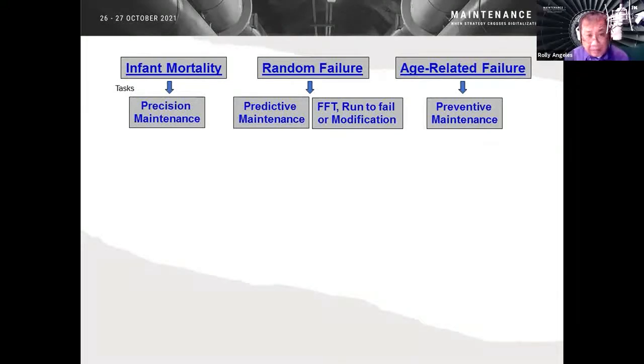Now, if the failure is random, we can either use instruments, condition-based or predictive tasks, or if you have a protective device that can fail randomly, we can apply a failure finding task. Or if the failure is not critical, or the consequences are not that high, we can just allow it to fail. But if predictive, failure finding, or run to fail will not address or resolve the failure, then this will default to redesign or modification. And for age-related failure, we can apply preventive maintenance.